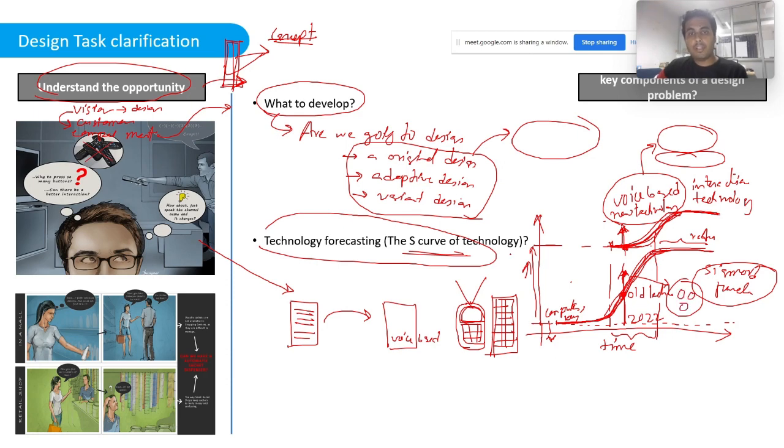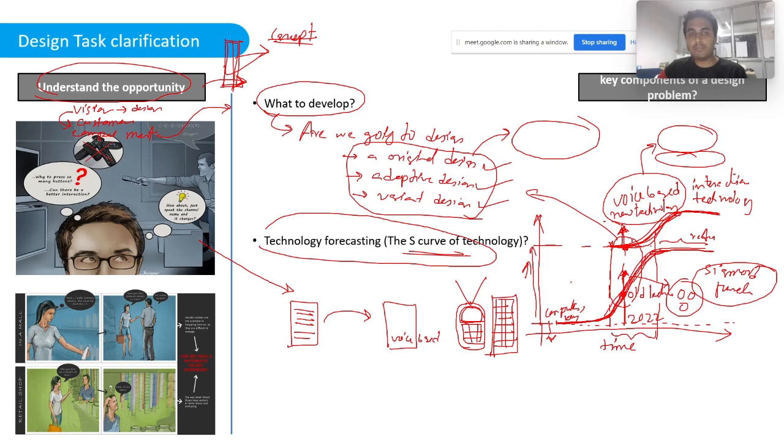So whether it's going to be an adaptive design, a variant design or an original design, all depends upon how you capture the market and what technology you want to address in your design solutions.